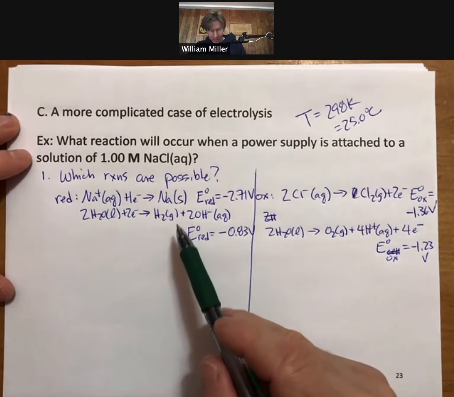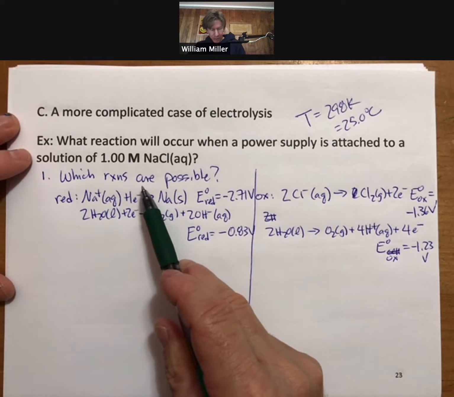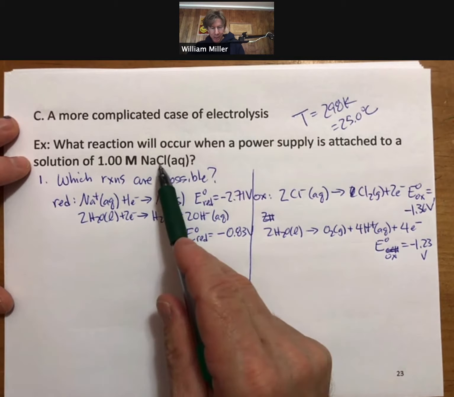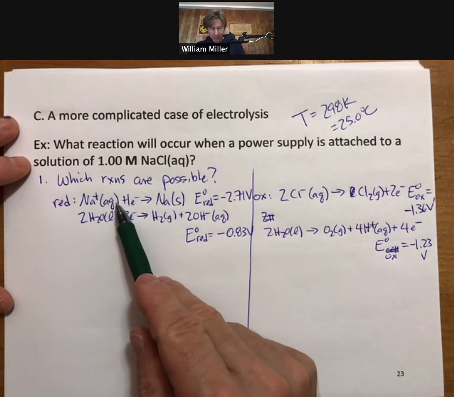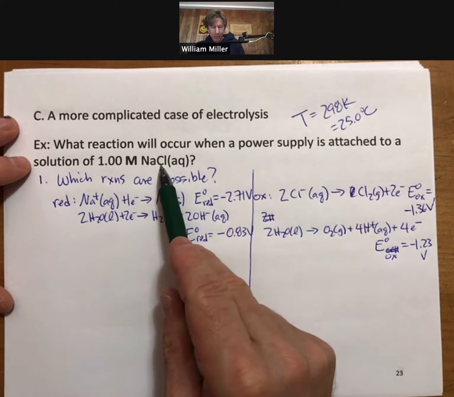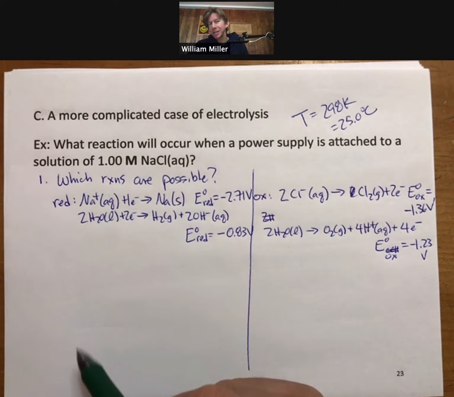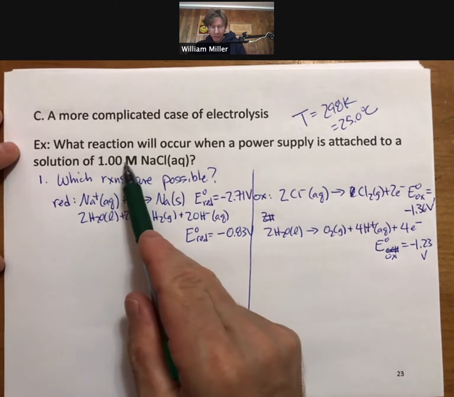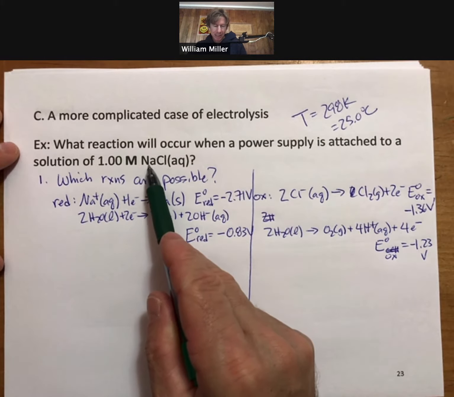Now, these are which reactions are possible. And what we've done is we know we have sodium ions, aqueous, chloride ions, aqueous, and we have water because it's the aqueous phase. Now, other examples you would take could be 1.00 molar, let's say, cesium iodide.